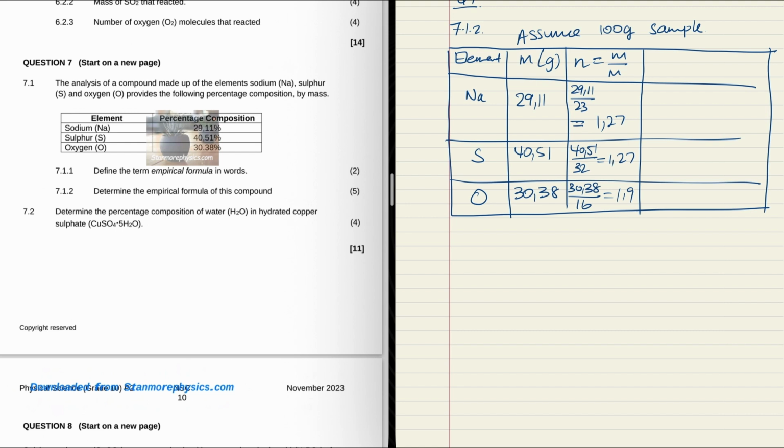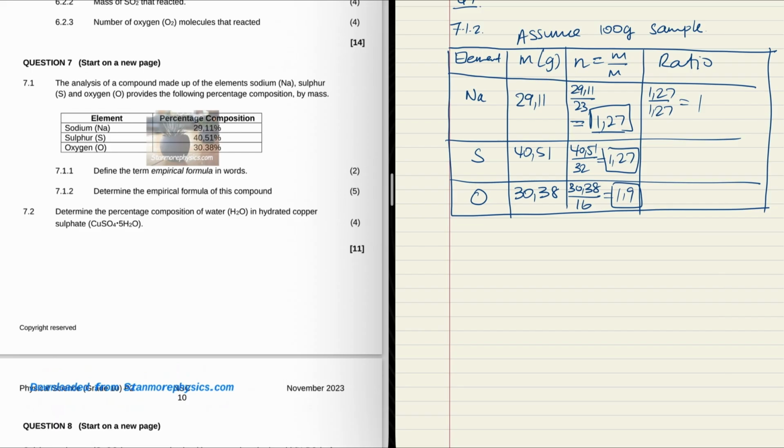Now we need to put this in the simplest ratio. So we can see here that it's a 1.27 to 1.27 to 1.9. Now what we need to do is divide by the smallest number in that ratio. And the smallest number is 1.27. So 1.27 divided by 1.27 is 1.